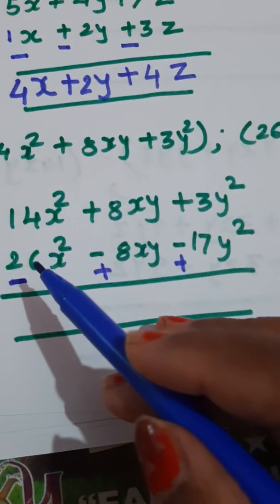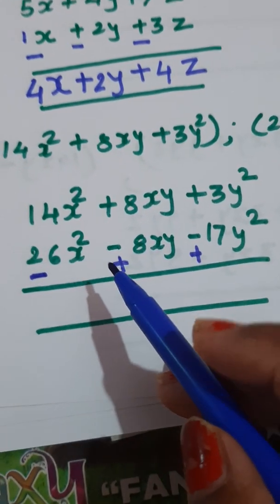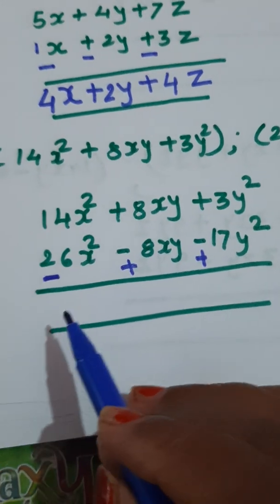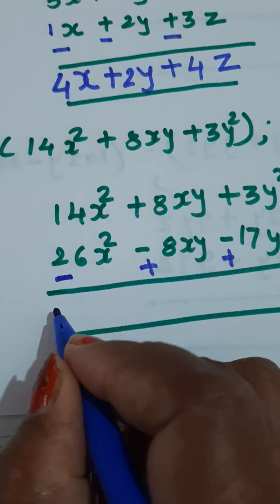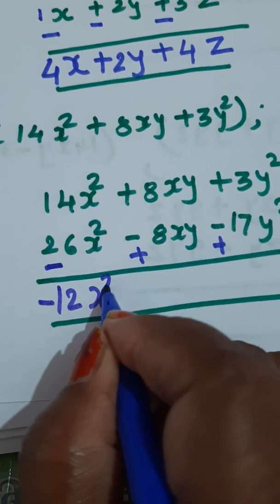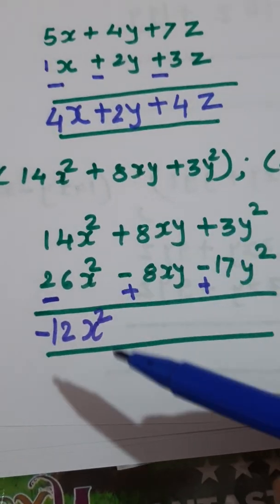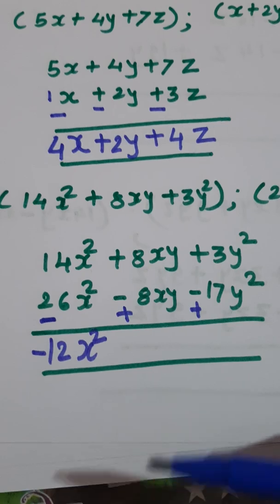So 26 minus 14, what will come? 12. But which sign? Big number sign. Big number is negative. So what will come here? Negative 12x square, because in variables we are not changing, as it is we are writing in addition and subtraction.